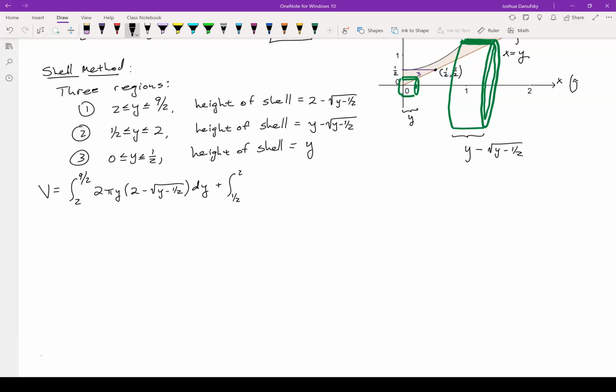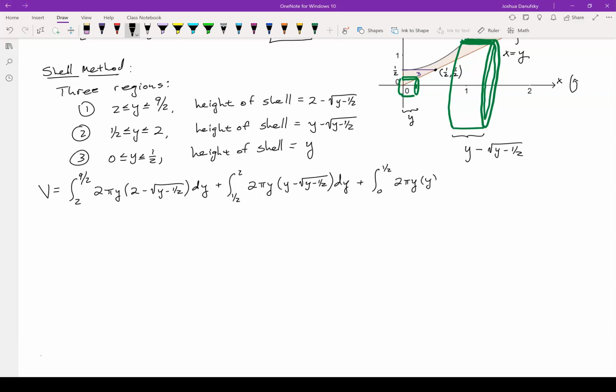The circumference of the shell is going to be 2 pi y again. This time the height of the shell is y minus the square root of y minus 1/2. Thickness of the shell again is dy, plus region 3, integrating from 0 to 1/2. The circumference of the shell is 2 pi y.